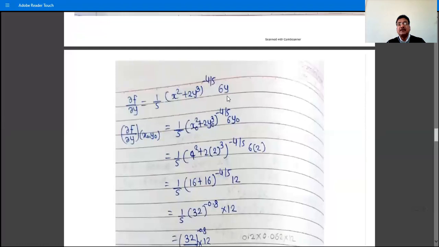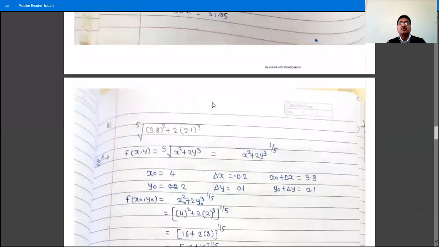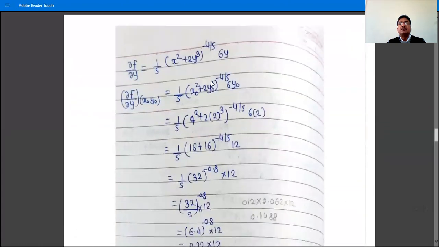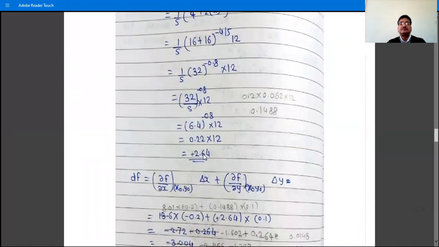This problem is for homework. So write its correct answer into 6y square. Then substitute x and y as x naught, y naught. We have this value 6 into y square, 2 square. So write the correct answer.